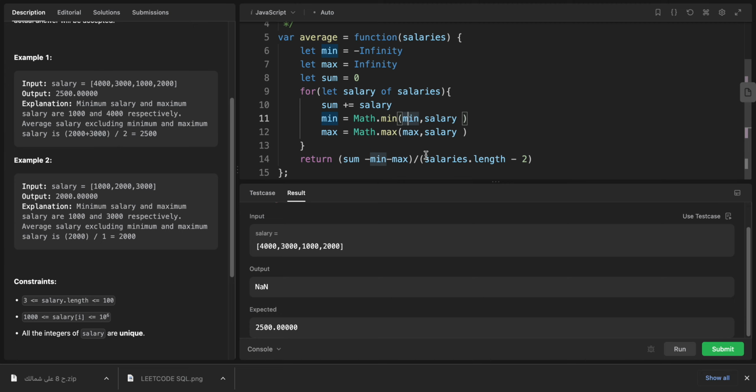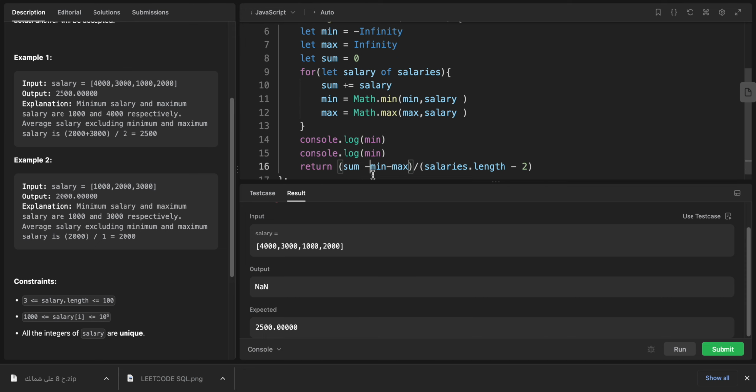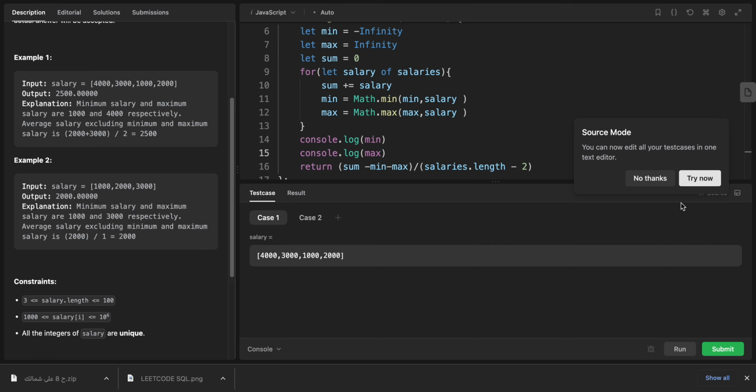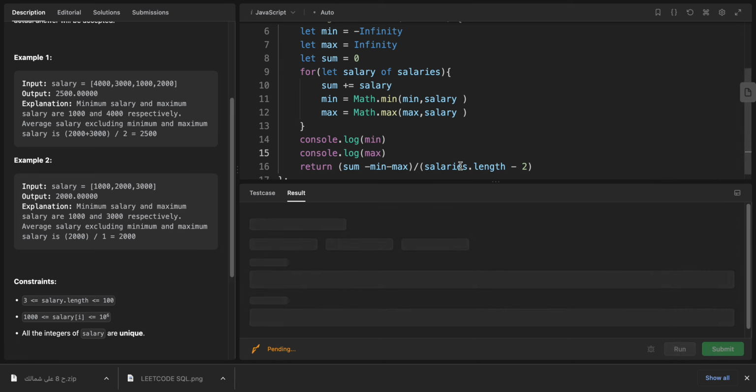Math.min, Math.max, and it's NaN. Why is it NaN? Can I console.log min and max? Let's just see why. Run.